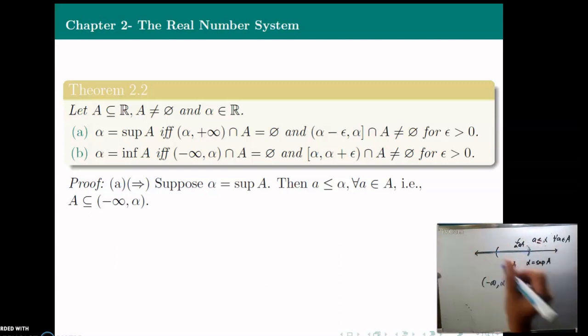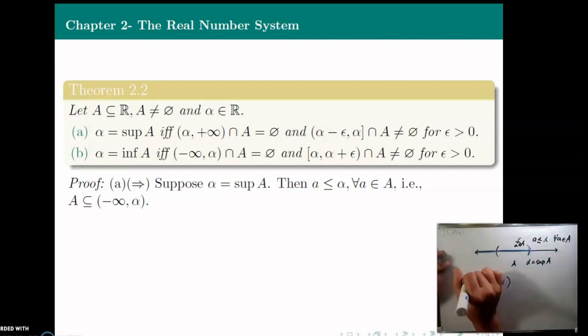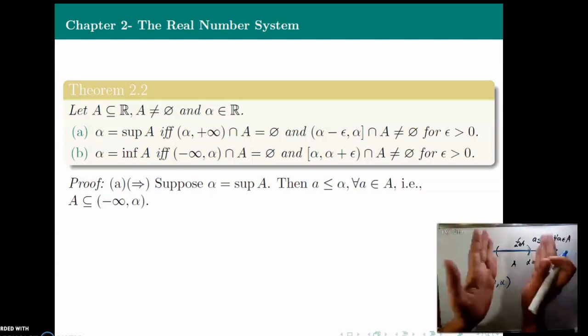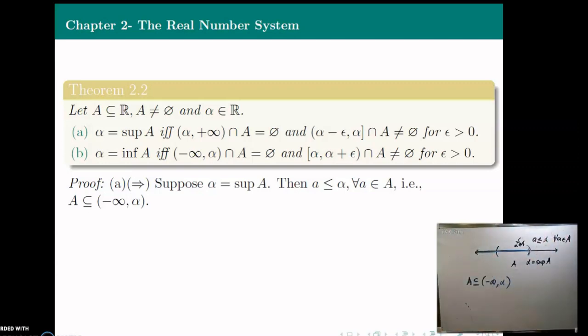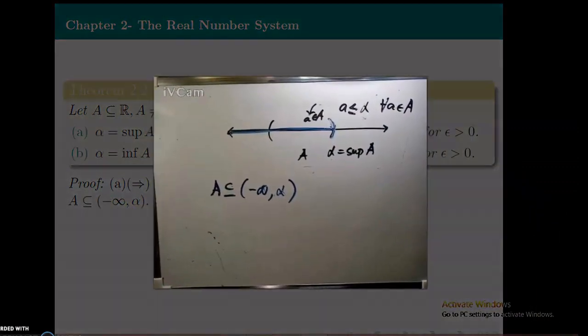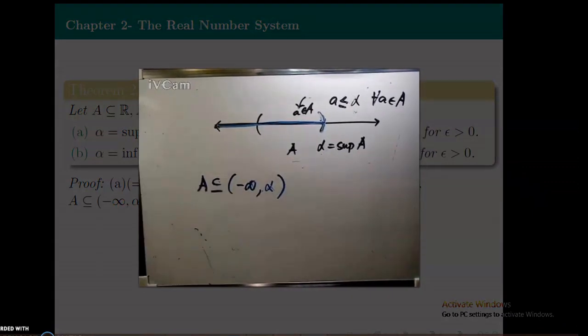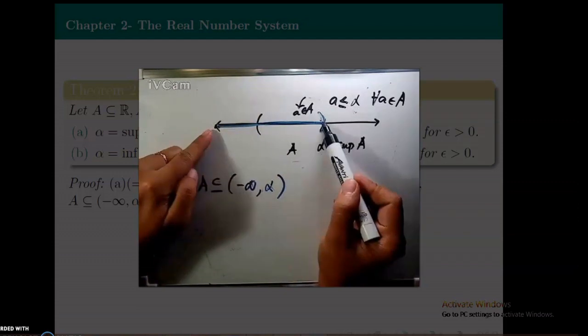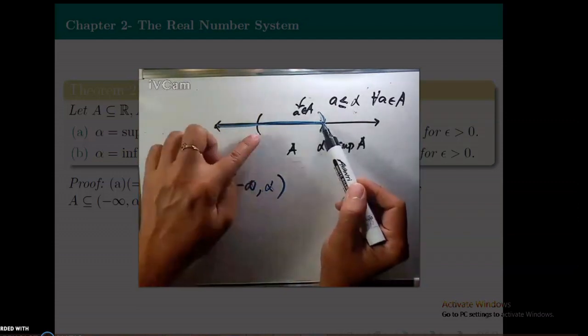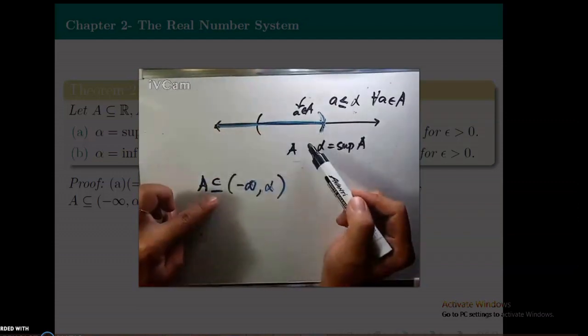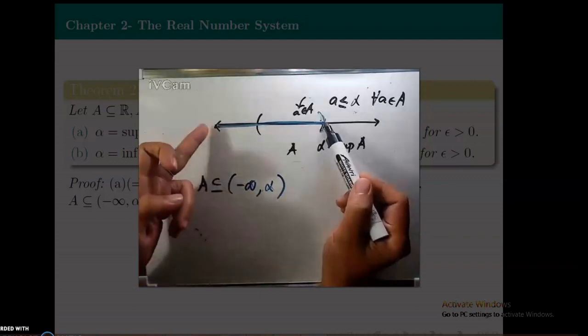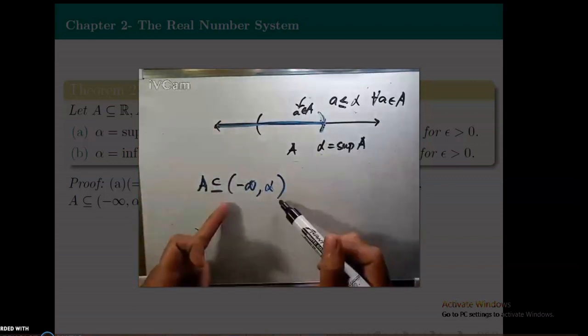As you can see, A is contained in this interval. So A is just a smaller set. In this interval, this is the bigger set than this set. So this is set A, it is contained in, or a subset of, the bigger interval, this one.